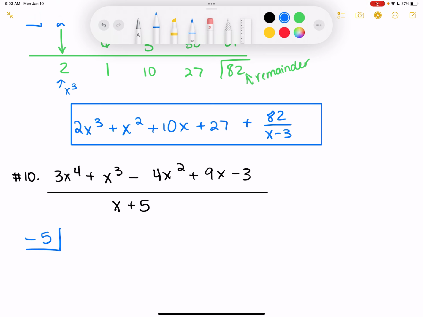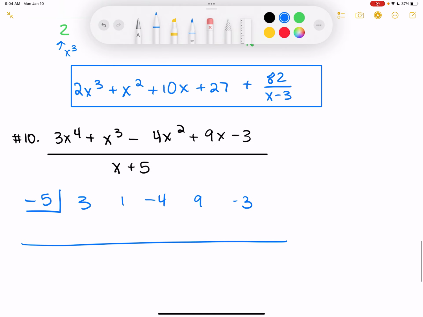You just go in order of 3, 1, negative 4, 9, and negative 3. And you drop the first term down. Then you multiply it with the negative 5, so it'll be negative 15. And then it'll be negative 14, and then you times it by 3.